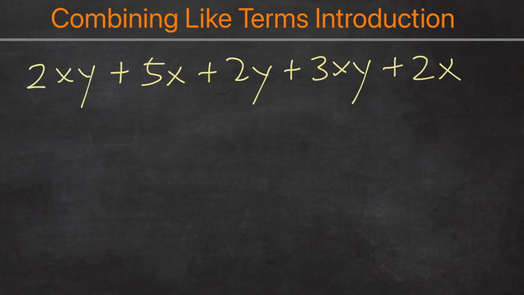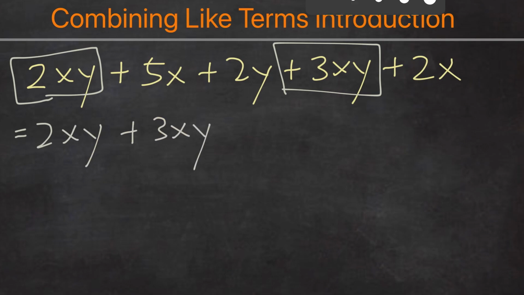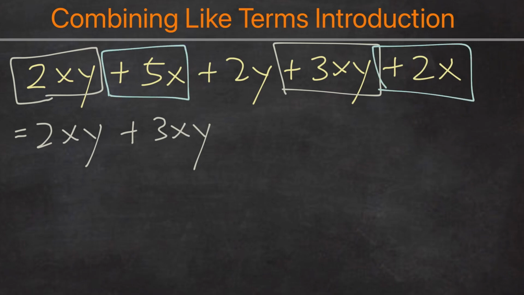Okay, so hopefully this is what you did. You take the 2xy, grouping them together. So you wrote 2xy plus 3xy. Then you group the 5x and the 2x together. And lastly, we are ending with the 2y.